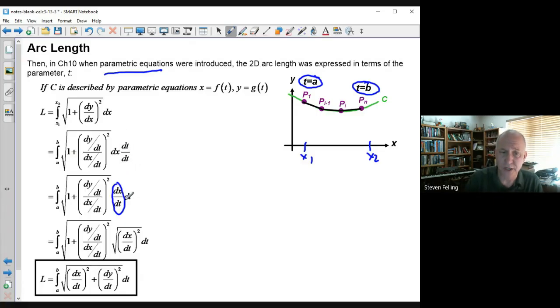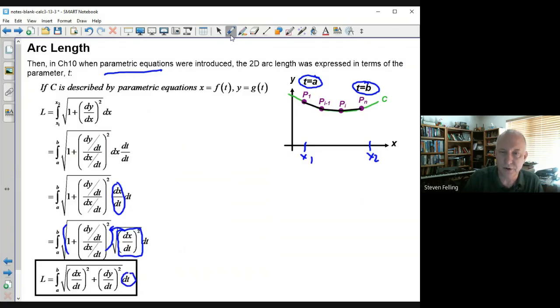Then, to put it inside the radical, I can take the square root of that squared, and multiply this dx/dt squared into here. So you would get this integrand, the square root of (dx/dt) squared plus (dy/dt) squared, and this time integrating with respect to t.